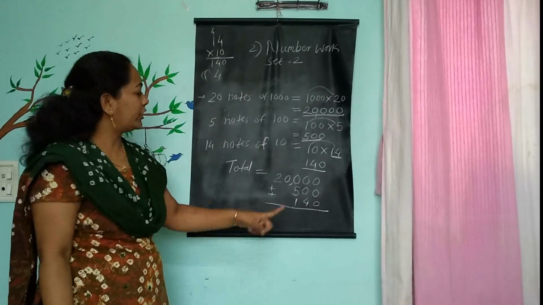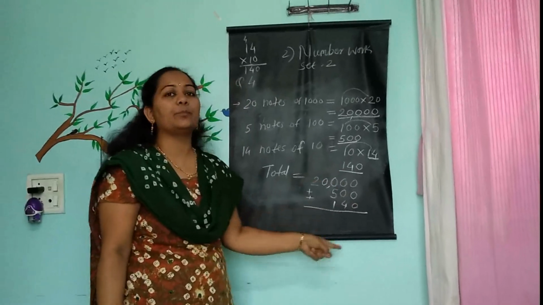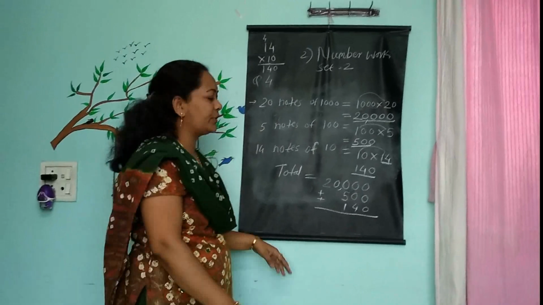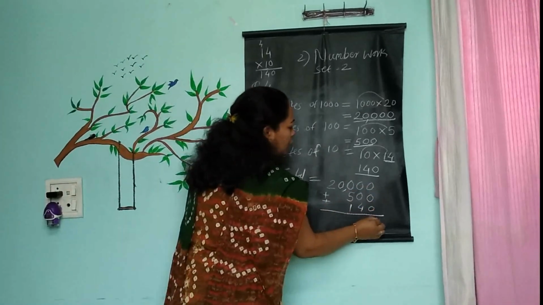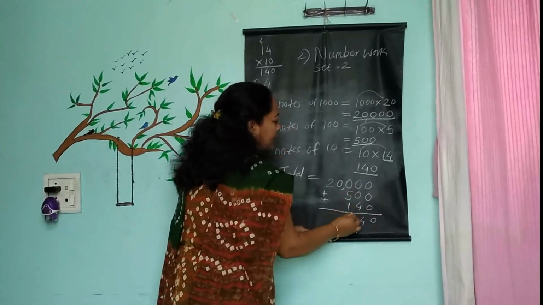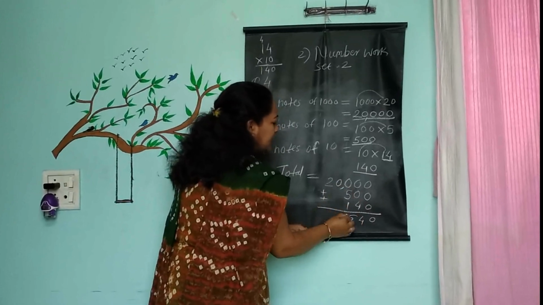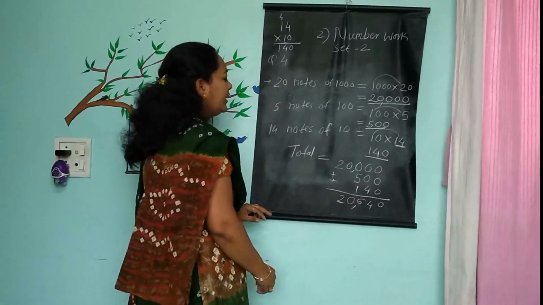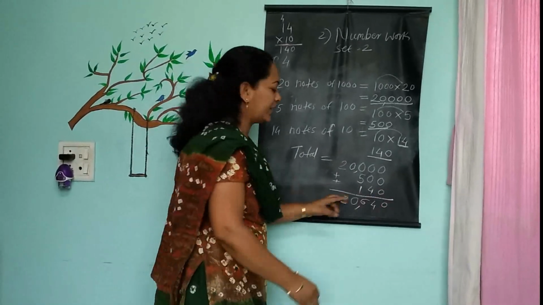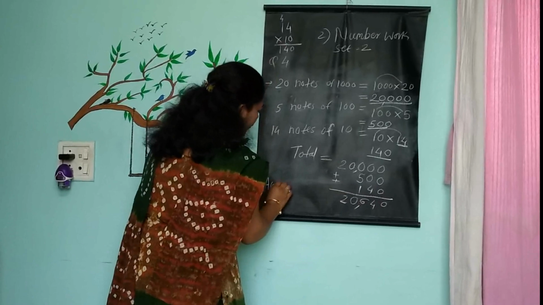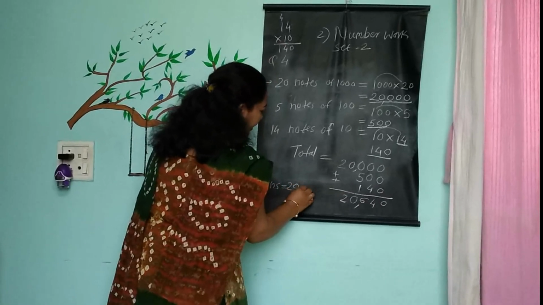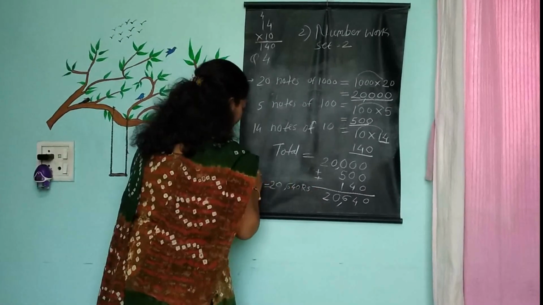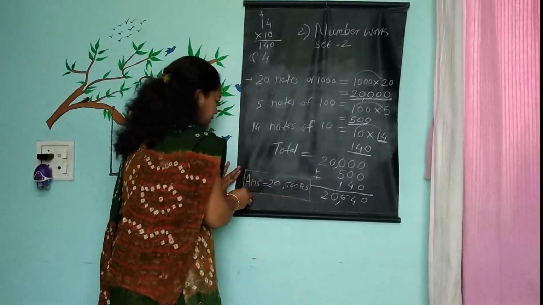That's why it is very important to arrange numbers at the proper place. To make the addition, your sequence should be right. 0, 0, 0; then 4; 5 plus 1 is 6; 0 as it is, and 2. So your final answer will be 20,640 rupees. Write the answer always in a box, with the unit rupees, and make a box around this answer.